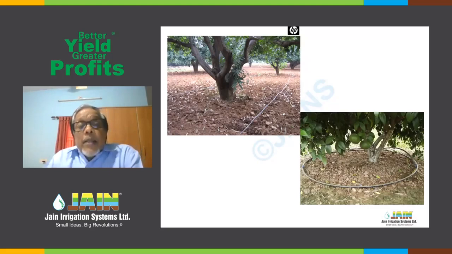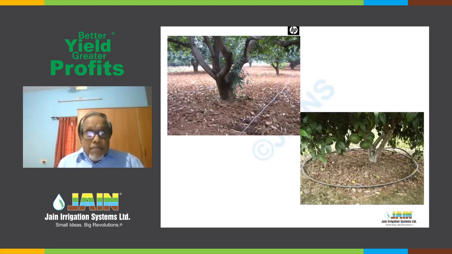In other words, we call it the root canopy, which you don't see. You are putting the drip lines in such a way that wherever the feeding roots are maximum in the root canopy, they get water. It is not necessary that the entire land surface below that tree needs to be wetted. The tree is growing well, yielding.